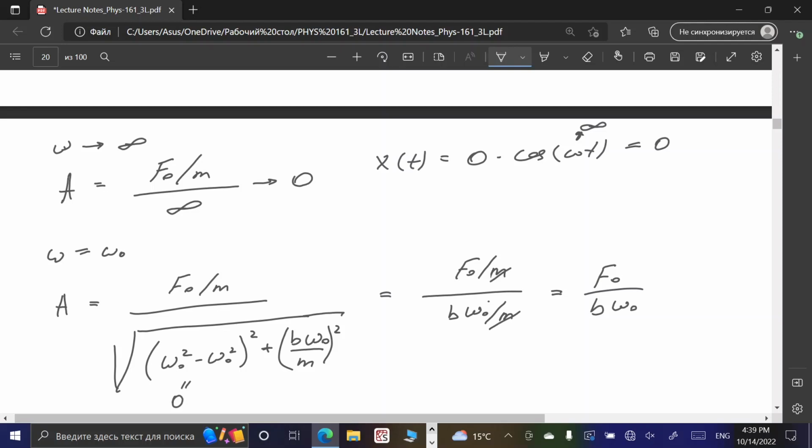maximum amplitude which can be reached for a given block spring system in a given environment.